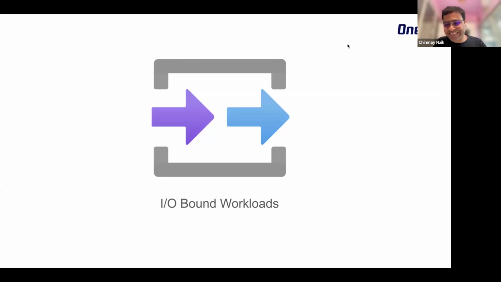So this way we looked at Amdahl's law and the Universal Scalability Law in terms of how they impact our application performance, and how we need to really think about our workloads, right?